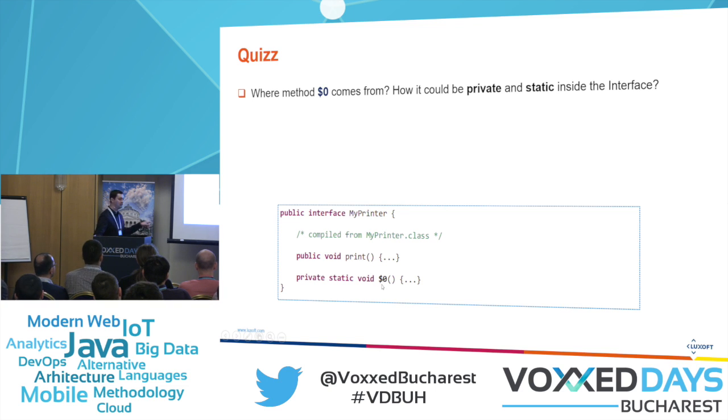I slightly renamed this method because otherwise it is too trivial for you. But keep in mind we have something $0. The question is, how is it possible to have a private static method inside an interface? Moreover, how is it possible to have this kind of method with the declaration of the code inside an interface?